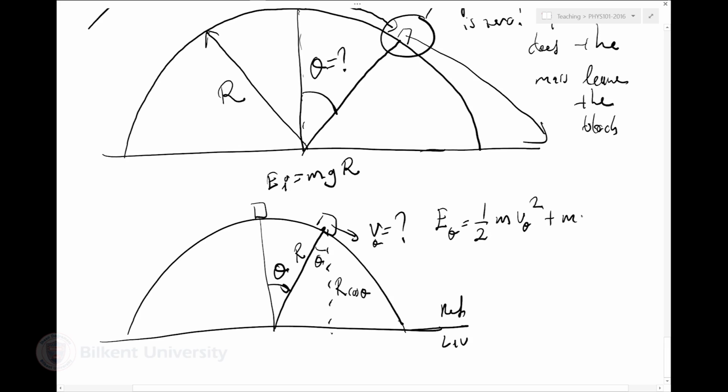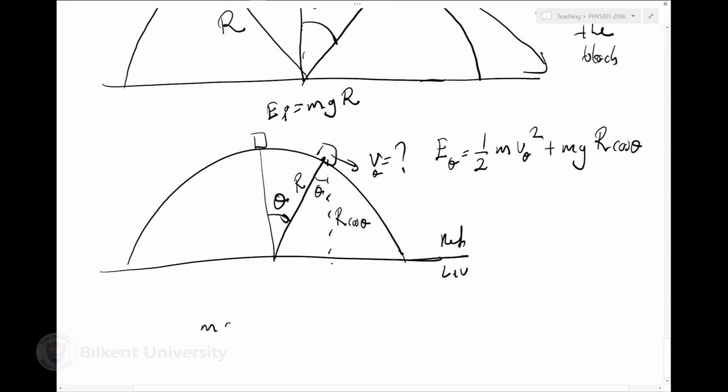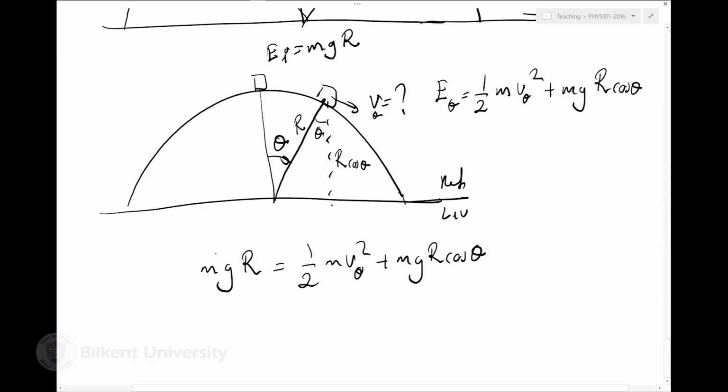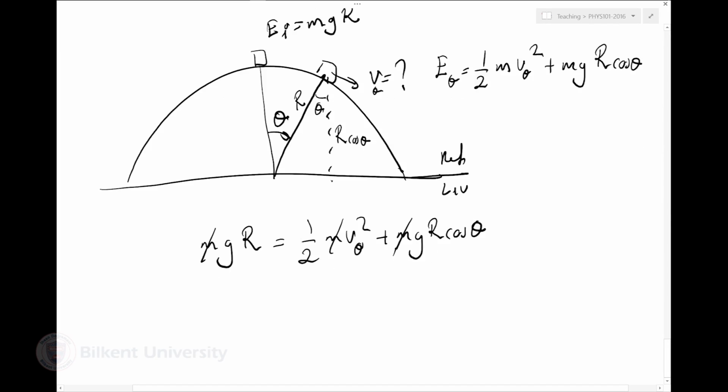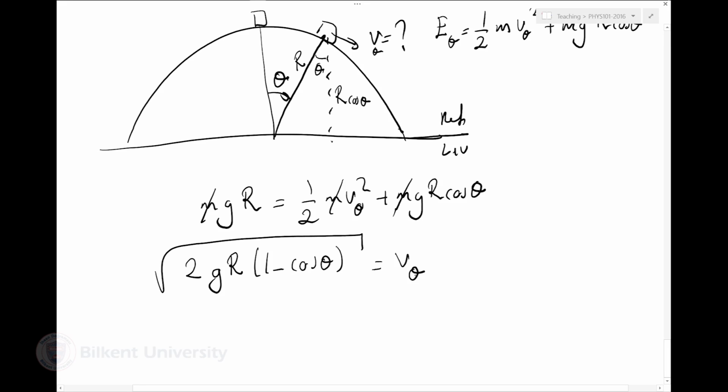So it's going to be mg r cosine theta. Let's equate these two. Mg r is equal to 1/2 m v theta squared plus mg r cosine theta. The m's cancel. So v theta is the square root of 2 g r times 1 minus cosine theta.